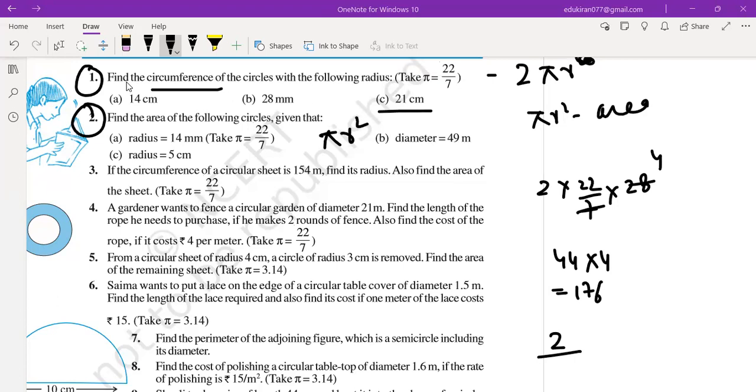Ma'am, for the second one, first we have to find the radius, right? Yes, first the radius.